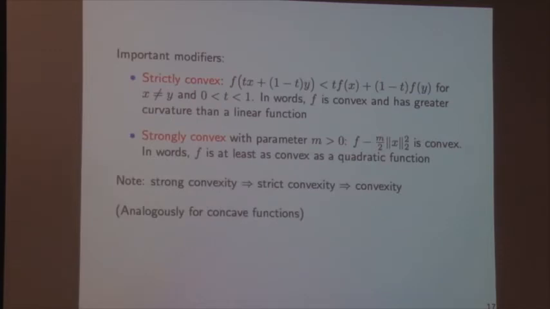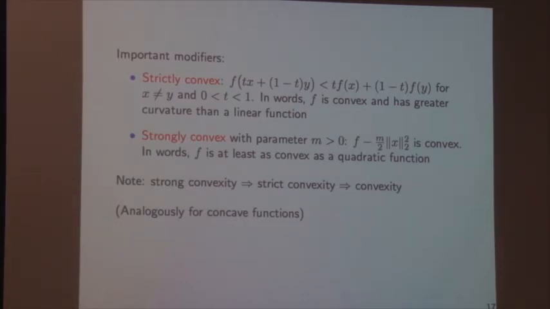Strongly convex means that I can subtract off a quadratic function. So here I'm writing some constant m over 2 times the norm of x squared. So this is just the sum of the squared components of x. And that's still convex. So if I can do that for a function f, it's called strongly convex, and m is called its strong convexity parameter. So just remember, in words, you know what convexity means. Strict convexity means it's more convex than a line.